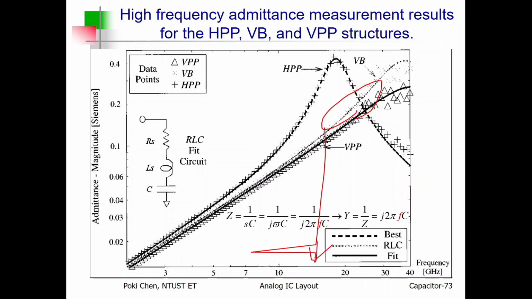But VPP stands still from DC all the way to more than 20 gigahertz. It means for frequency response, VPP is still better. I cannot say much better, but it is still better than VB. Bingo! That is the power of knowledge.